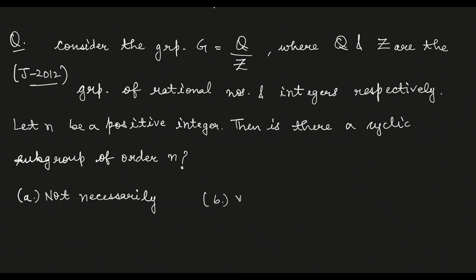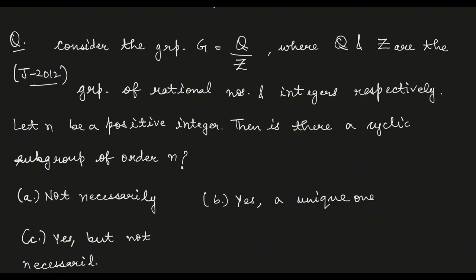B part, yes, a unique one. C part, yes, but not necessarily a unique one. D part, never.